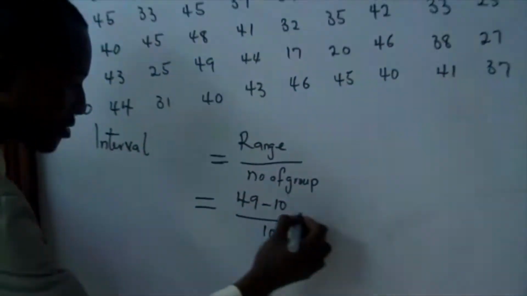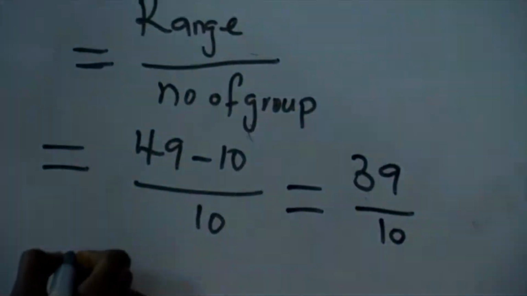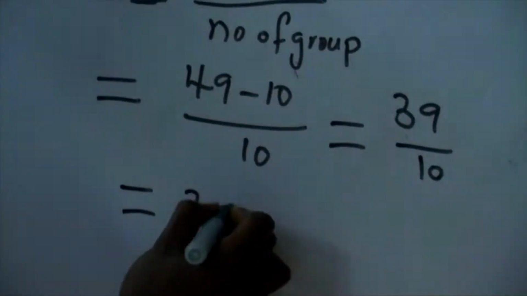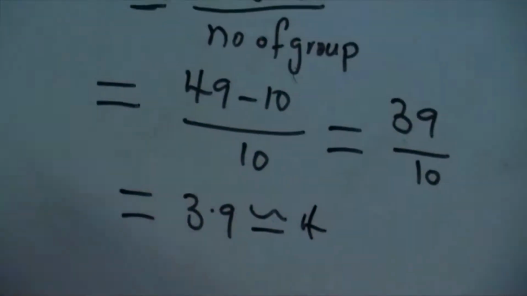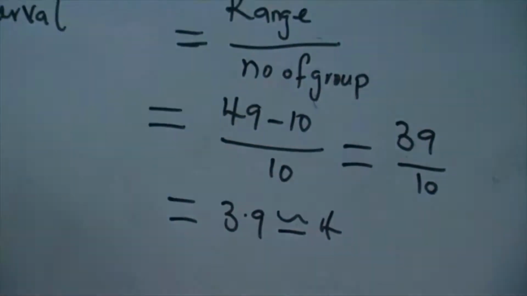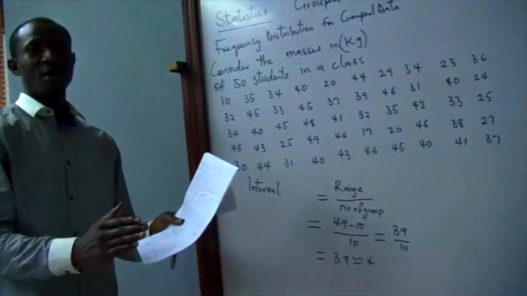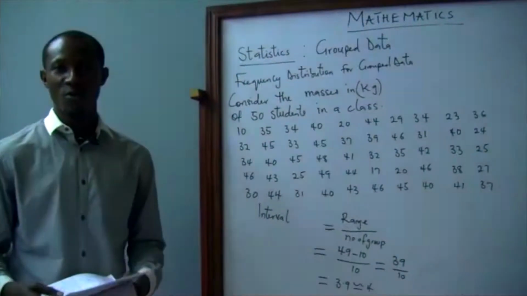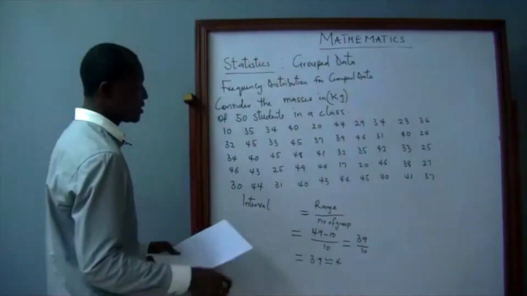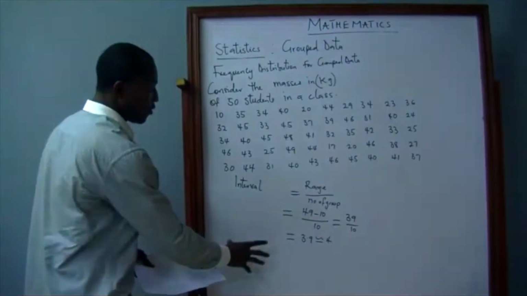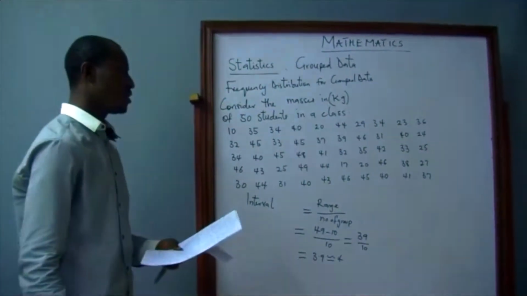This gives us 39 divided by 10, so we have 3.9, which is approximately 4. That is, each class should have a width of 4. The interval should be 4, and our class interval becomes 4 for each group. I'm going to show how to express that now.